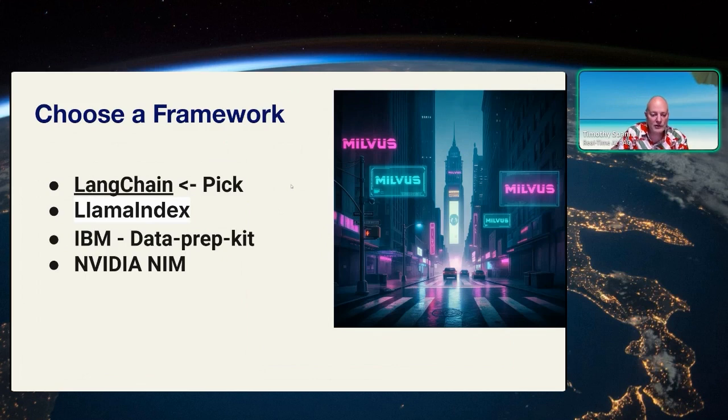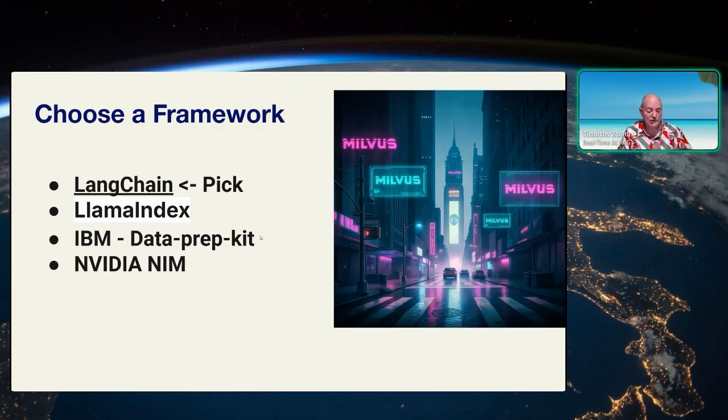So we're going to choose a framework. There's a bunch of them, and some of them are easier to use than others. LangChain is really easy. We're going to do that one today. Llama Index is really close to which one I want to do, and they're moving back and forth. They're both great. IBM Data Prep Kit is newer, has a lot of stuff.